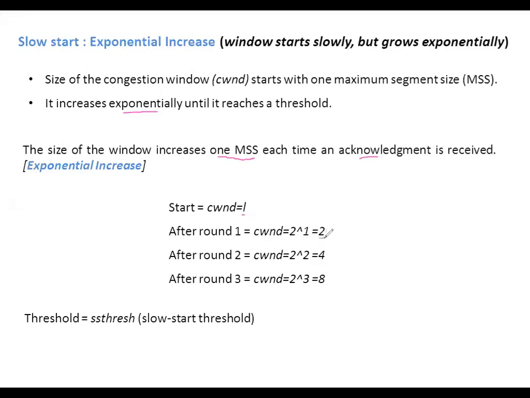That is, the sender will send 2 segments simultaneously to the receiver. When the sender receives acknowledgement for these 2 segments, it is going to make its window size 4, that is, the sender can send 4 segments simultaneously. Now when the sender receives acknowledgement for all these 4 segments, it is going to add 4.